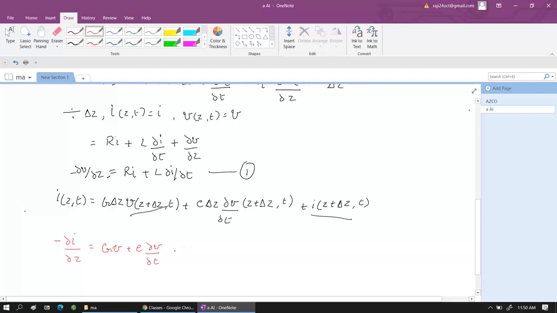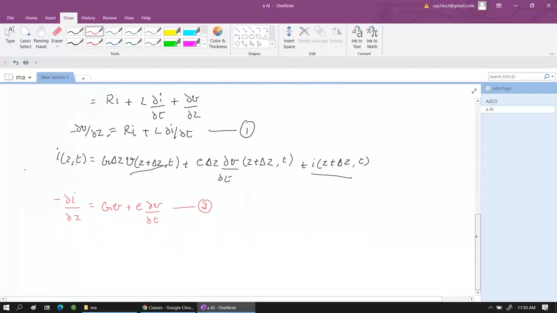So this is the equation after simplification. It's a similar equation, just see the difference: in place of V I have I, in place of I we have V, in place of R it is G, and in place of L it is C. That is the only difference. But I have not done the simplification steps, I want you guys to complete it.